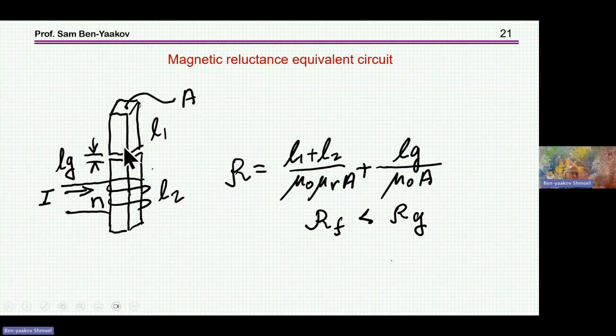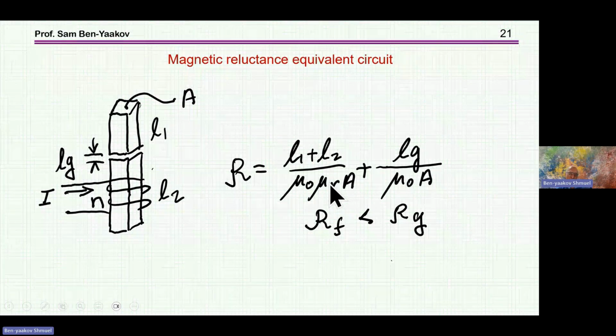If I have here, say, a rod of ferrite with a gap, then the reluctance is defined as the length of the piece, and here is the total ferrite, L1 plus L2, divided by the total permeability times the cross-section area. For the gap, the same thing, except the permeability is much smaller because the relative permeability of air is 1. So this number is usually much smaller because of this large number.